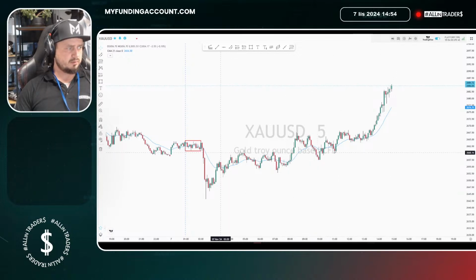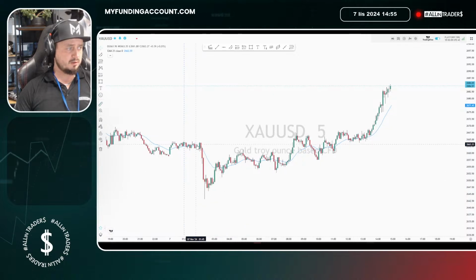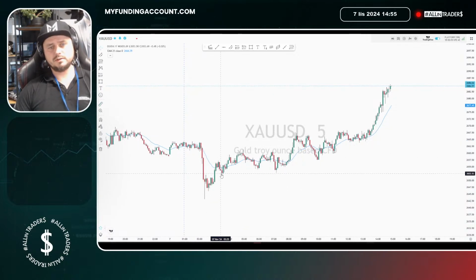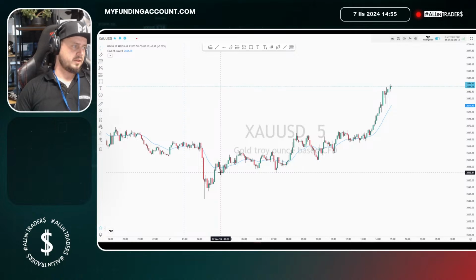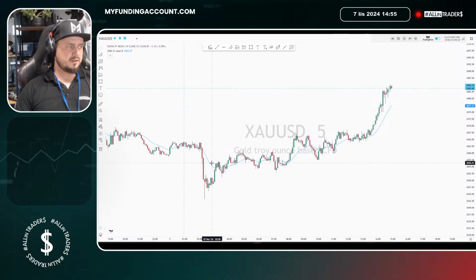Actually, the day started with a small range, big drop down, because that drop down was more than 200 pips. It doesn't look like 200, but it's gold, so you know, we got high volatility on this asset. So the rest of the day, we had small range, drop down.